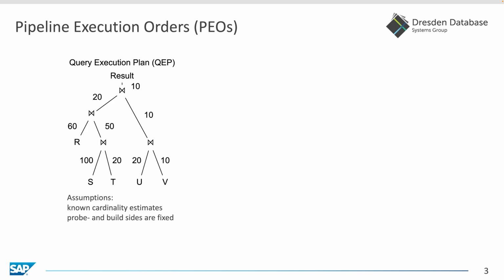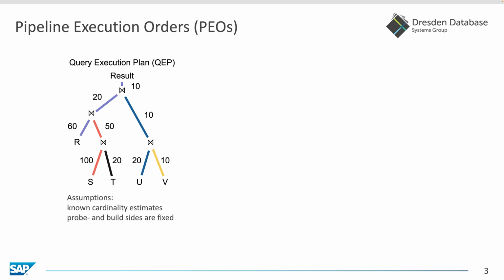Since modern query processors only use pipelines, we use a pipeline execution model to draw continuous edges along the probe sides of a query execution plan. For instance, we can draw this edge from R to the result, and one edge from S to the join with R, and so on and so forth.